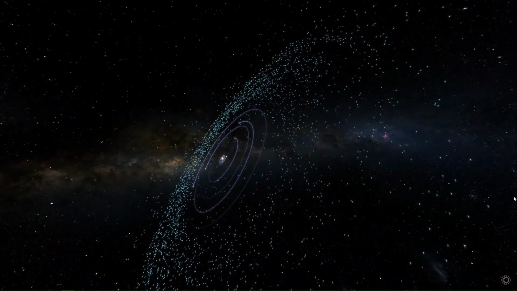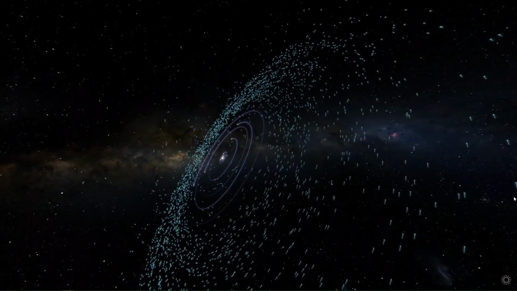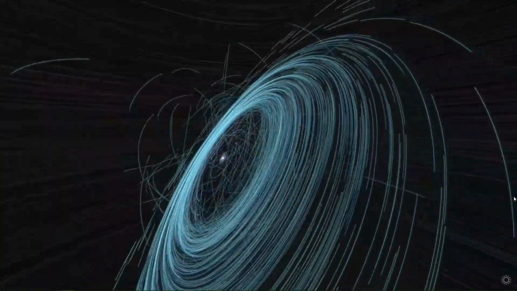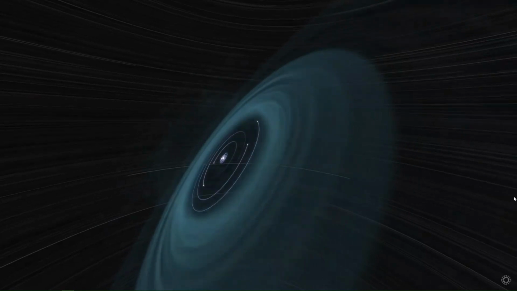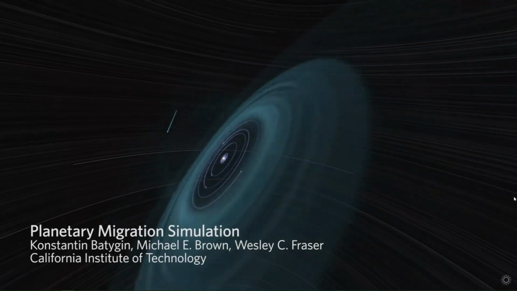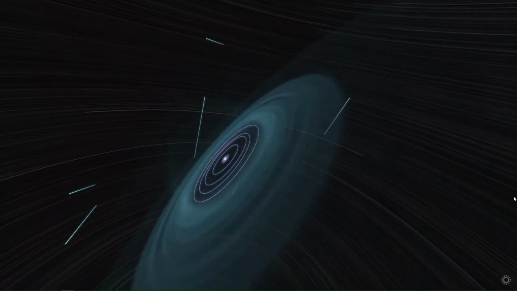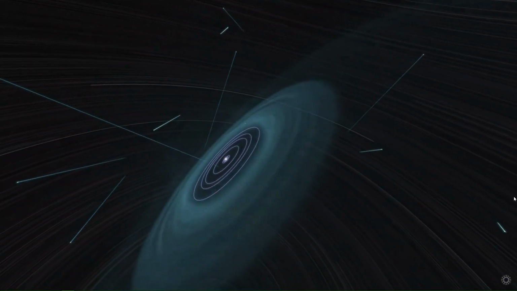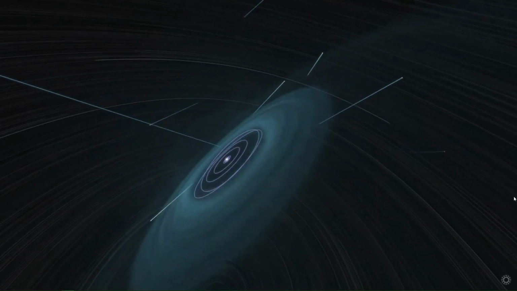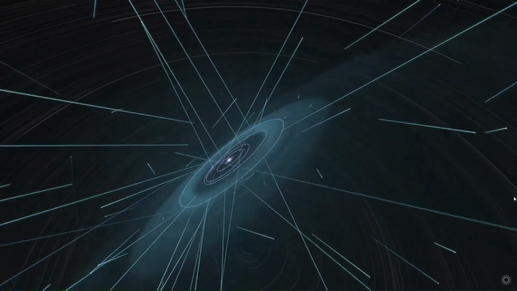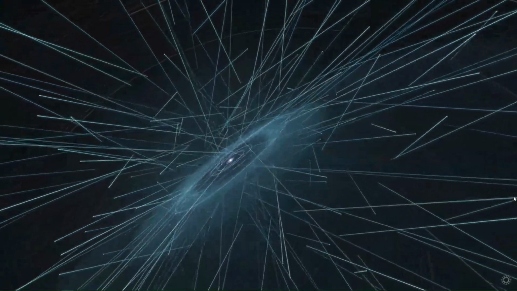If we look at the orbits of the planets and accelerate the passage of time, so that 1 million years pass every 10 seconds, we can watch how the debris cleared. In this simulation, the giant planets, Jupiter, Saturn, Uranus and Neptune, shift their orbits, and many unlucky asteroids, comets and dwarf planets get kicked out of the solar system. The migrating giants wreak gravitational havoc.